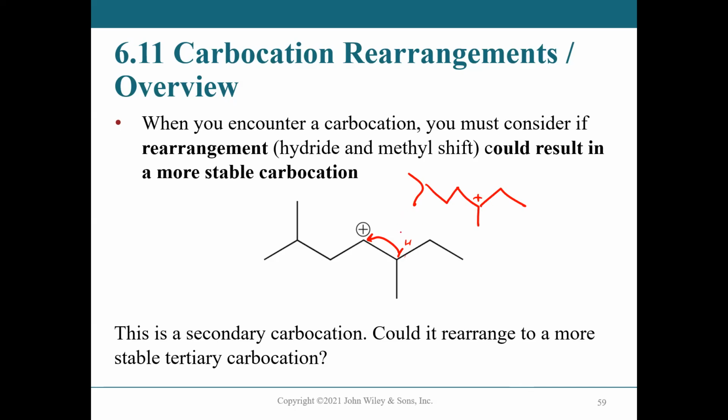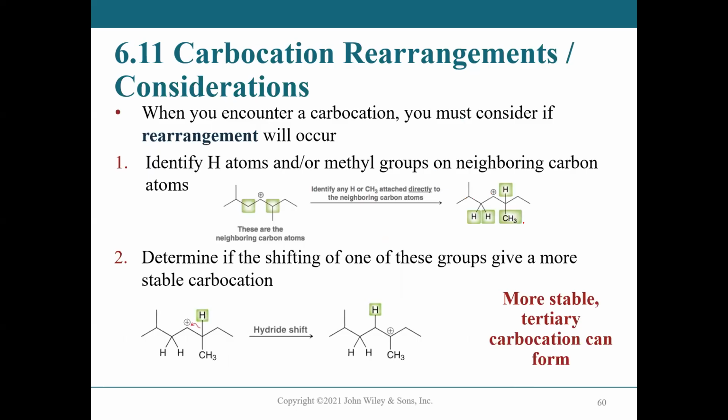So would you rather have the positive here or here? Would you rather have a tertiary or a secondary? Well, we know we'd prefer the tertiary. And they show it to you in this slide right here, but I showed it to you on the previous slide, so it's the same thing right here.